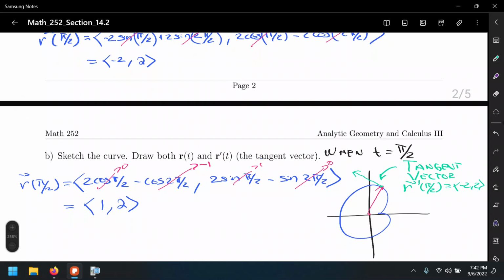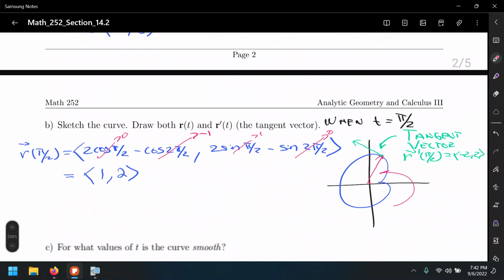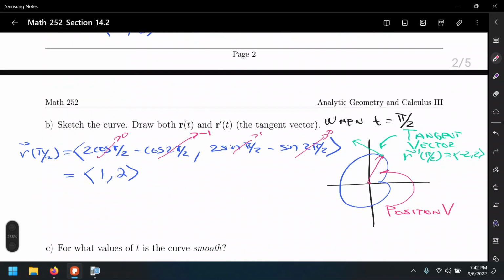And this other vector, the one in red, will be the position vector when r, not prime, just r, is evaluated at pi over 2, which is the one we got here. I'm writing it again: 1, 2. All right.